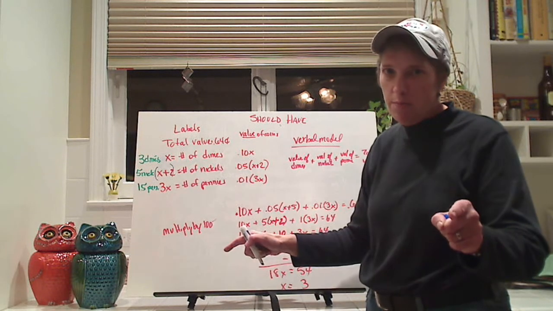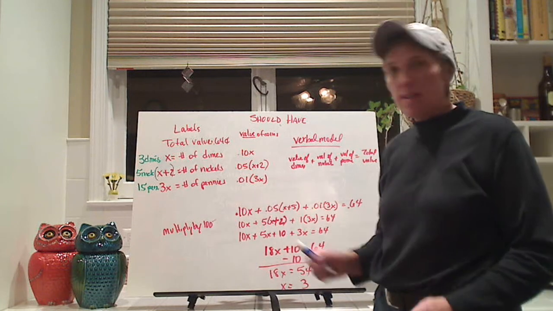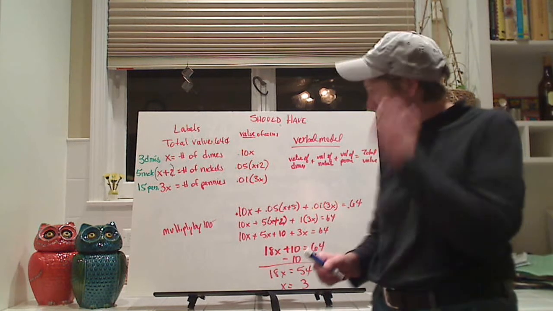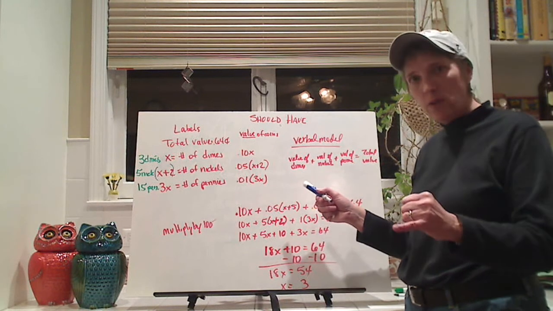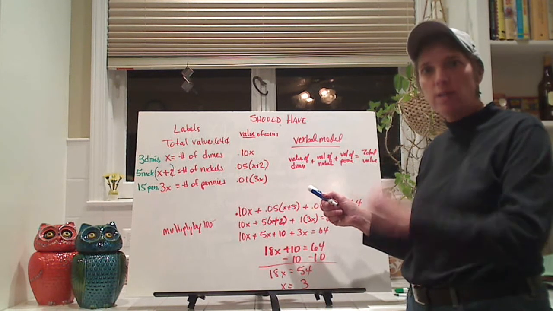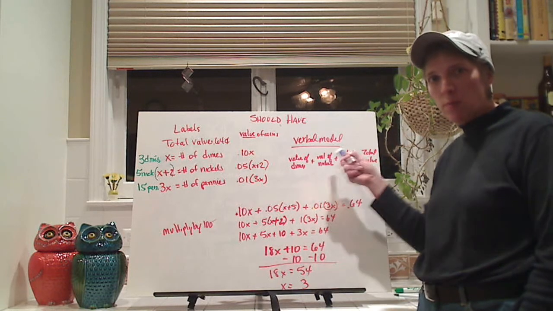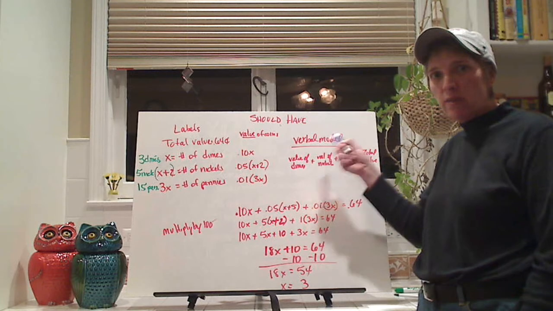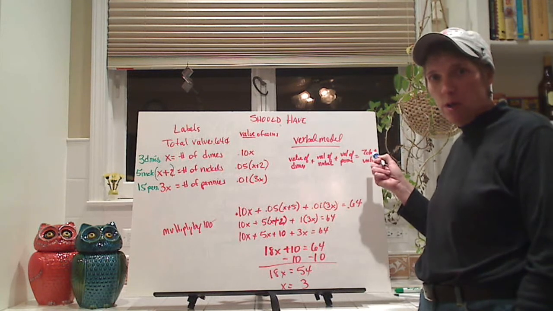That's the number of pennies. But the value of the pennies is 1 cent times 3x. Okay, my verbal model is the value of dimes plus the value of nickels plus the value of pennies equals the total value. See, now I can't have number of dimes equal a value. I have to have value equals value, or number equals number, total number.